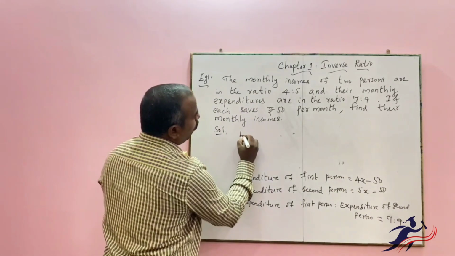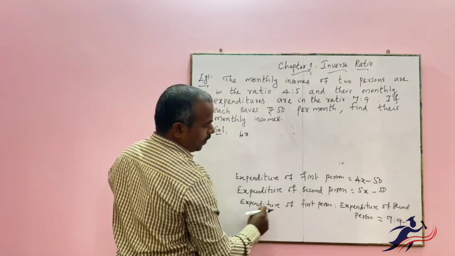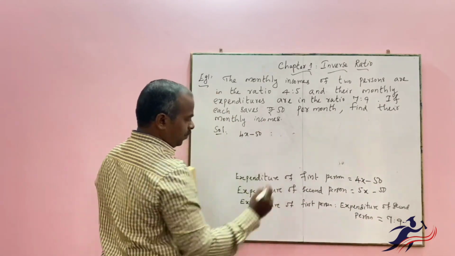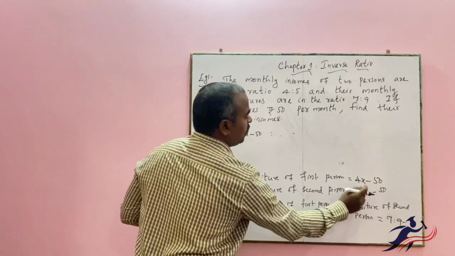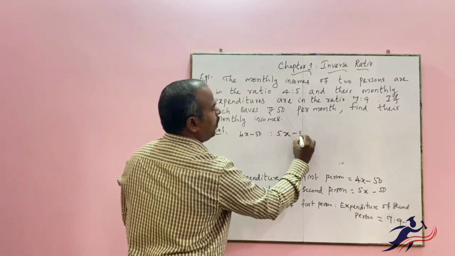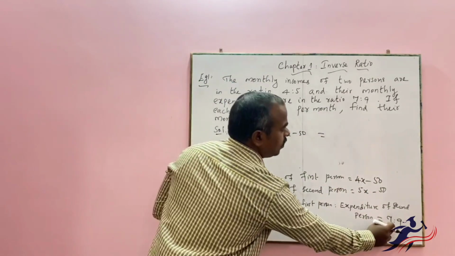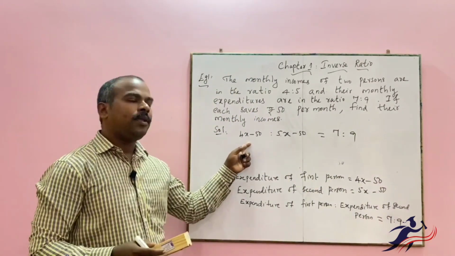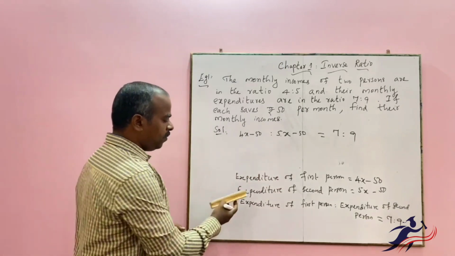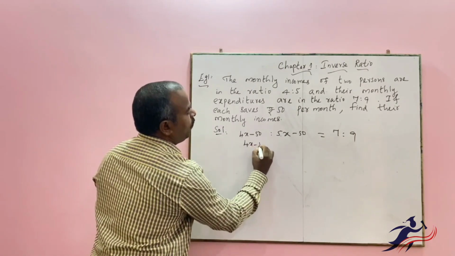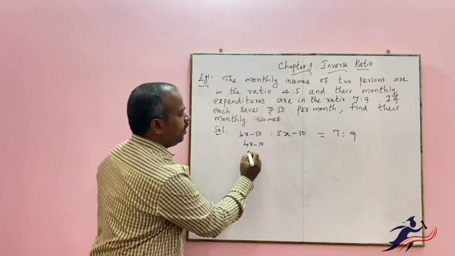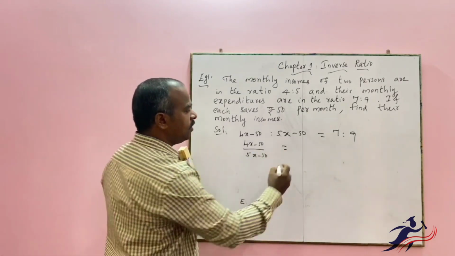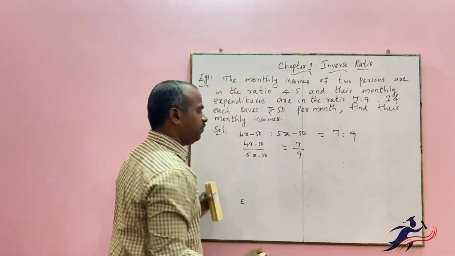So 4x minus 50 is to 5x minus 50 is equal to 7 is to 9. Now write this ratio in division form: 4x minus 50 by 5x minus 50 is equal to 7 by 9.